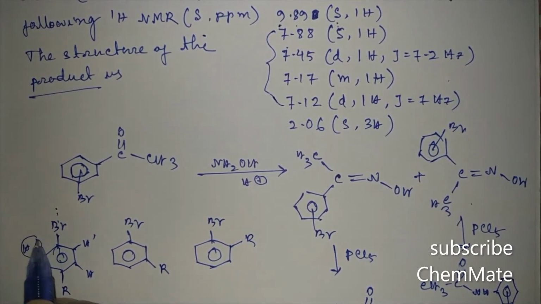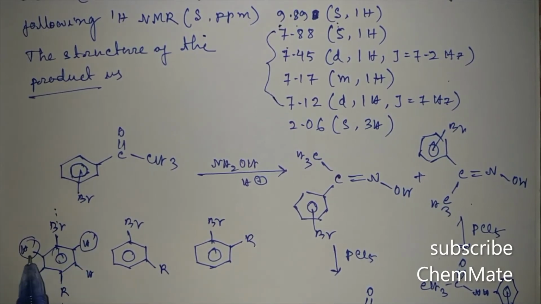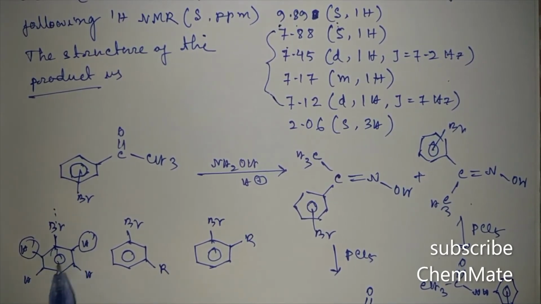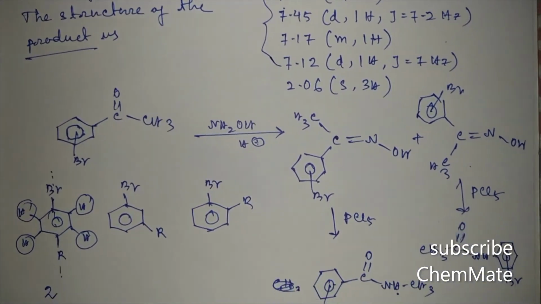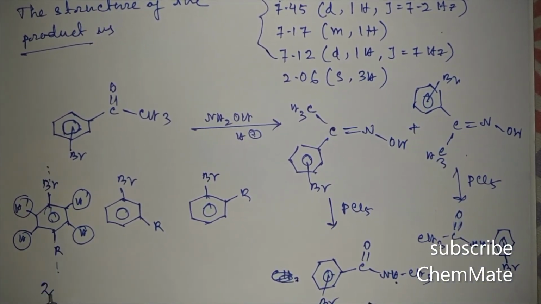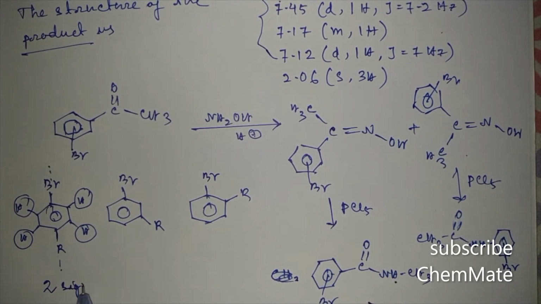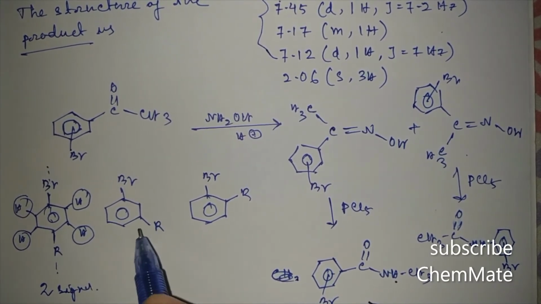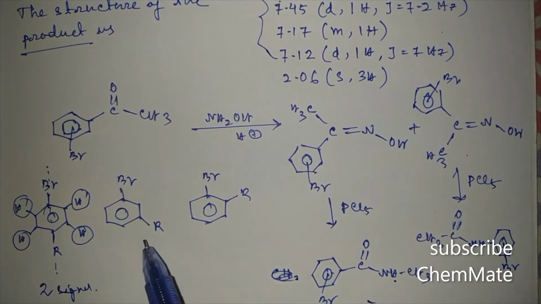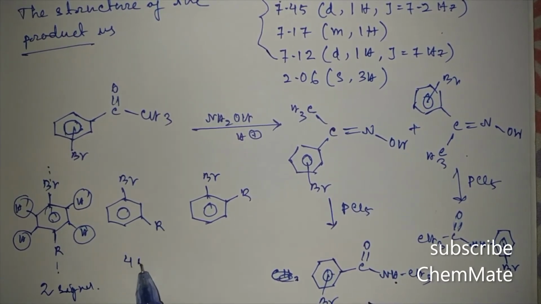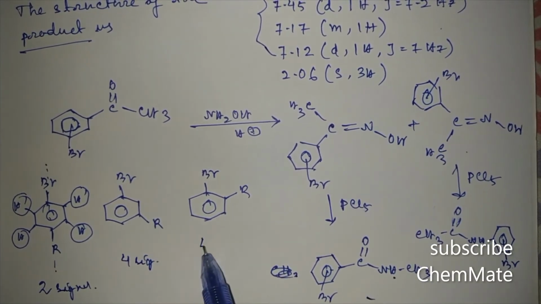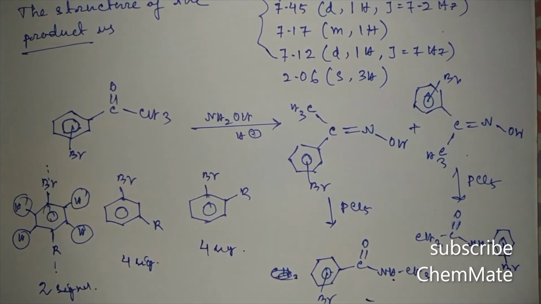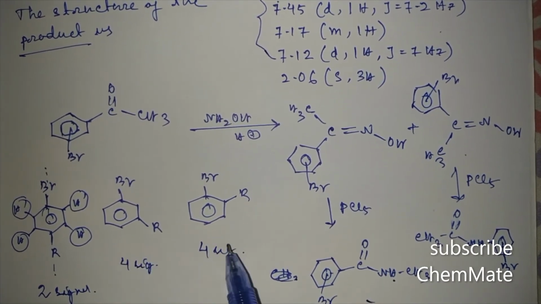So these H prime will resonate at the same frequency and these two hydrogens will resonate at the same frequency. So from this compound we will get only 2 signals in the aromatic region. Now for meta, no plane of symmetry is there, so we will get 4 signals, and from ortho also we will get 4 signals. So it will be either ortho or meta.